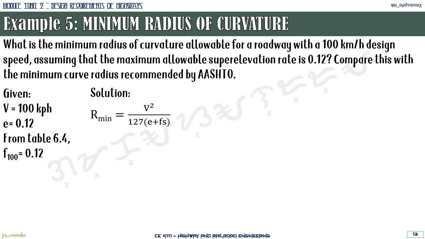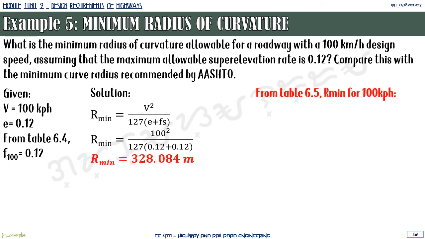For our solution, we have R min equal to V squared divided by 127 times (e plus fs). So now substitute the values of V, e, and fs, and we'll arrive at R min equal to 328.084 meters.